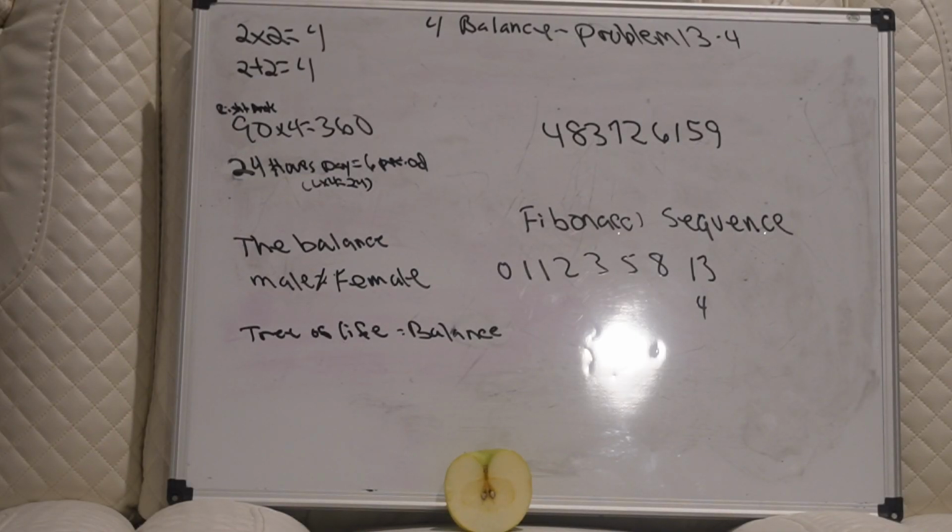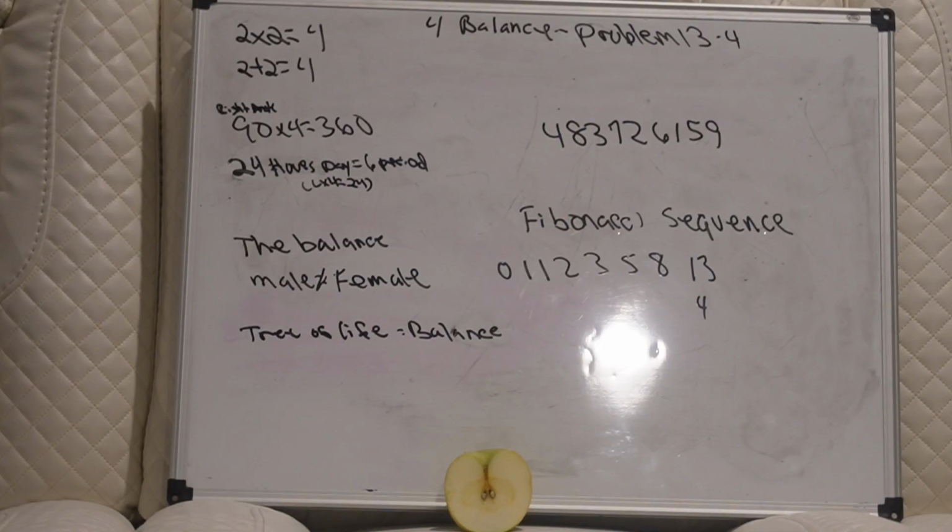Also, one of the patterns of life is 483726159. It starts with 4. It starts with balance. I also got the Fibonacci sequence on there. If you're not familiar with that, it's any 2 numbers added together in sequence will equal the next number.